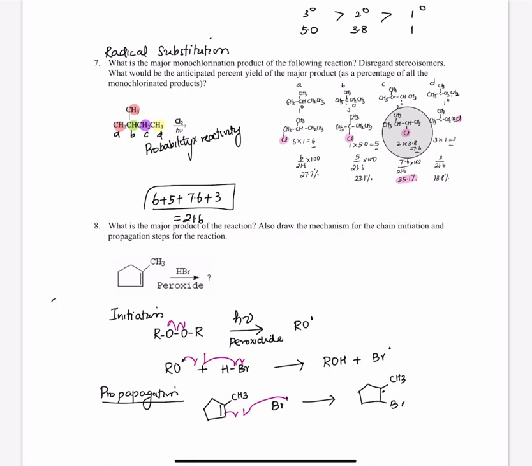In the next step, this alkyl radical is going to abstract a hydrogen from an HBr molecule to give us the product.